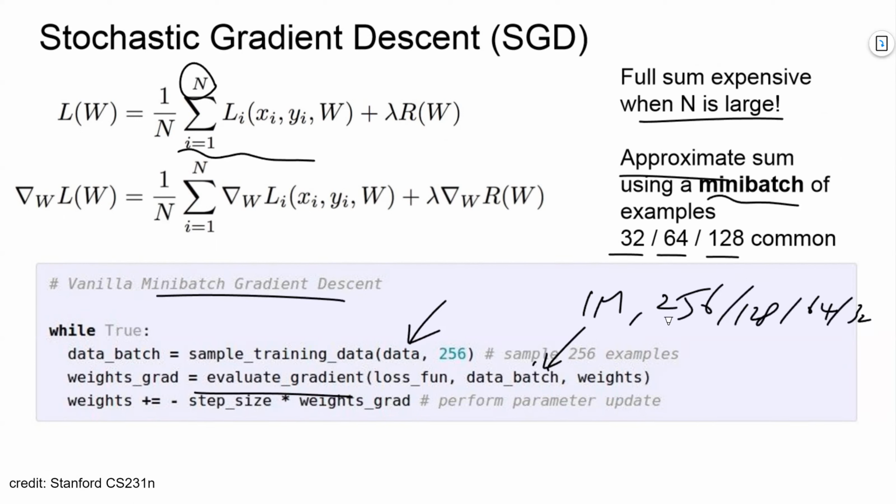And we just approximate: the gradient calculated using only this subset of data points approximates the true gradient calculated using the whole data set.